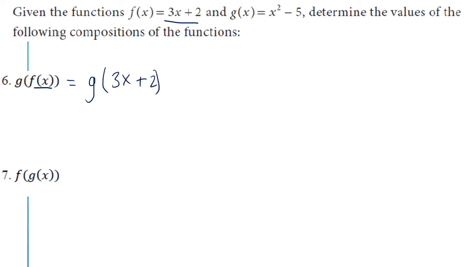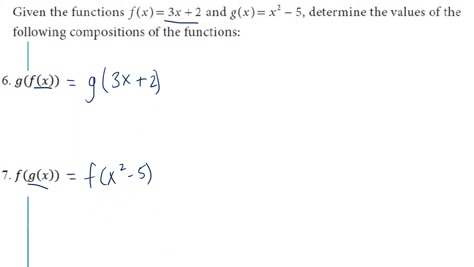Okay. I'm going to do 7. So we have f of g of x. My innermost is g of x. G of x is x squared minus 5. So this equals f of x squared minus 5. So everywhere in f of x where there's an x, I'm going to replace it with x squared minus 5.